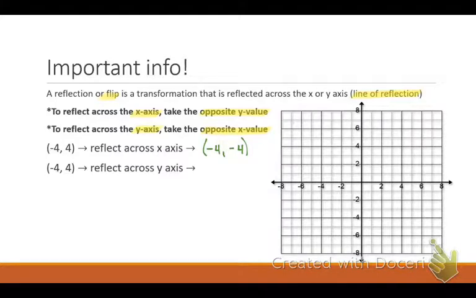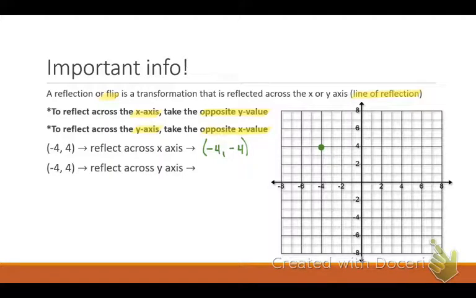See what we did? But now let's look at what that looks like on the graph. And if you can understand what's happening on the graph, it makes a lot more sense. So if I plot my original point, negative 4, 4, does everybody agree it goes right there on my graph? Okay, go ahead and put it on your graph.